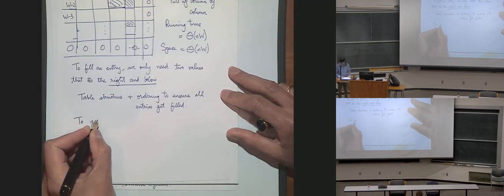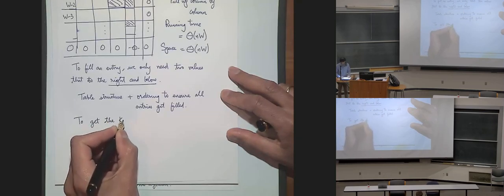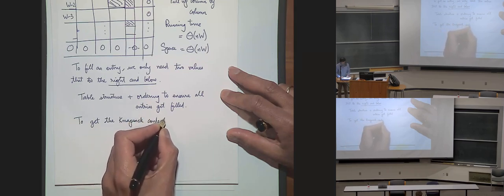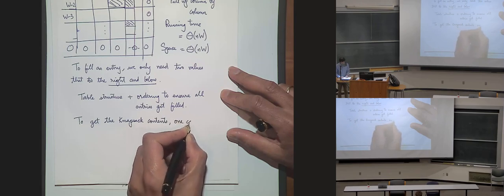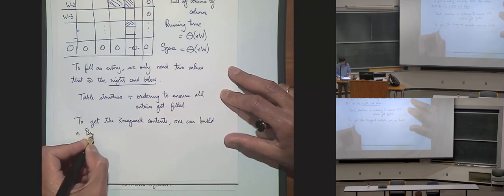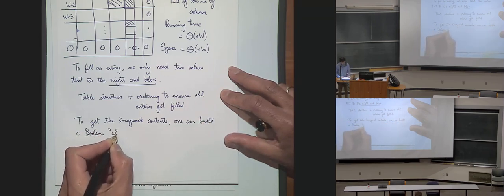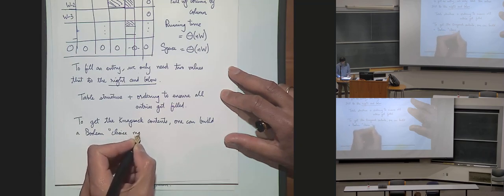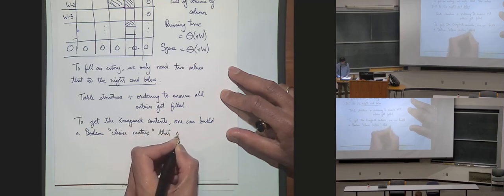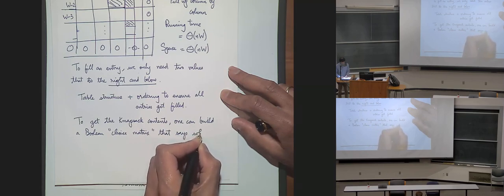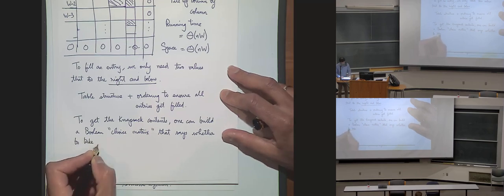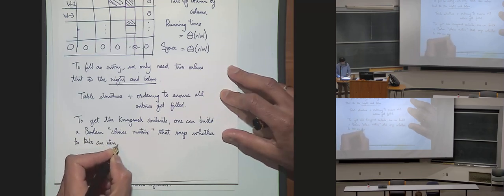To get the knapsack contents, one can build a Boolean choice matrix that says whether to take an item.